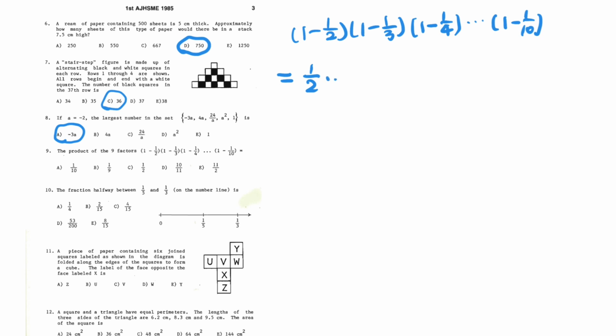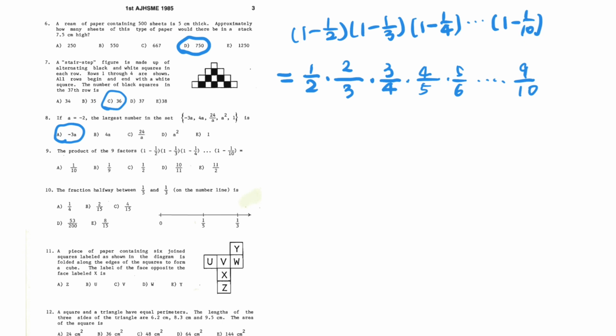Second, 1 minus 1 over 3 is 3 over 3 minus 1 over 3, that's 2 over 3. 1 minus 1 over 4 is 4 over 4 minus 1 over 4, that's 3 over 4. So it continues: 4 over 5, 5 over 6, and the last one is 9 over 10.